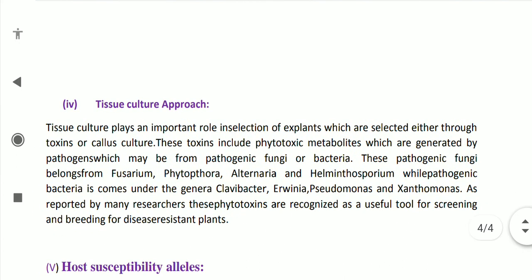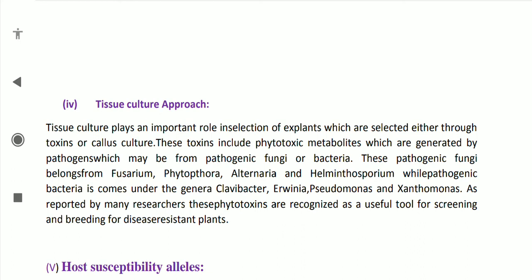Next is the tissue culture approach. Tissue culture plays an important role in selection of explants. Explants are selected either through toxins or callus culture. These toxins include phytotoxic metabolites which are generated by pathogens, which may be pathogenic fungi or bacteria.